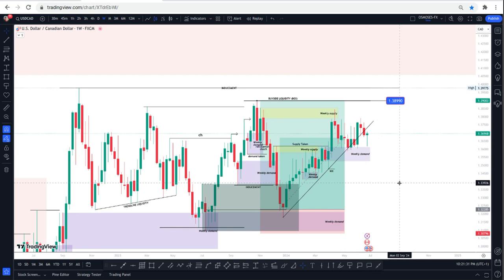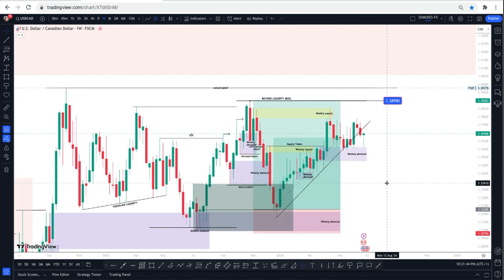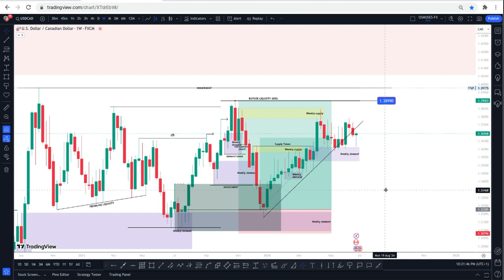I have a lot to see to clarify me before I can base my buyers. So I don't kind of like to use trend line to base my buyers.